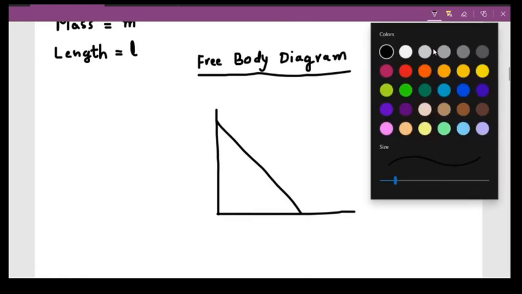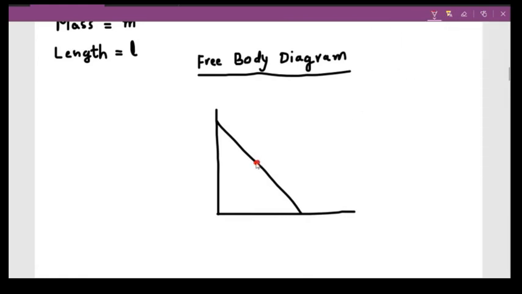In this problem, we first have to specify all the forces. There is a gravitational force acting downwards, equal to mg, and there is a normal force given by the ground that we are calling N1. There is also a normal force given by the wall that we are calling N2.